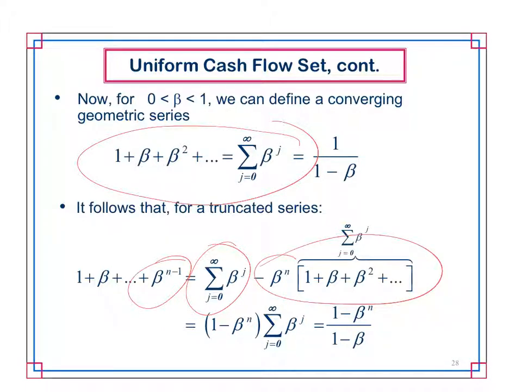So doing a little bit of work will give you, for a truncated series, 1 minus beta to the n divided by 1 minus beta. Keep in mind, again, that beta is equal to 1 plus the discount rate raised to the negative 1 power.